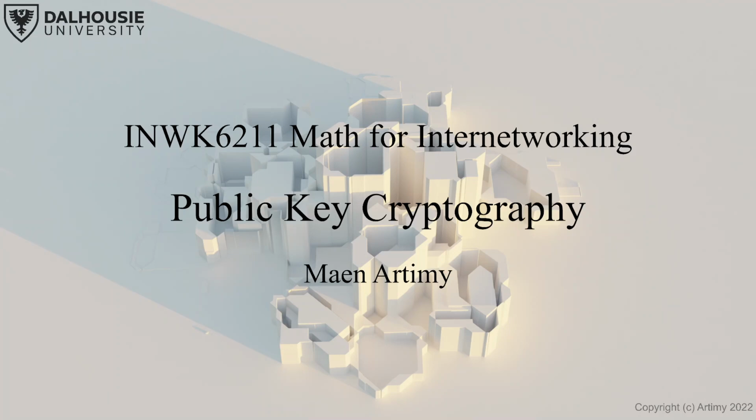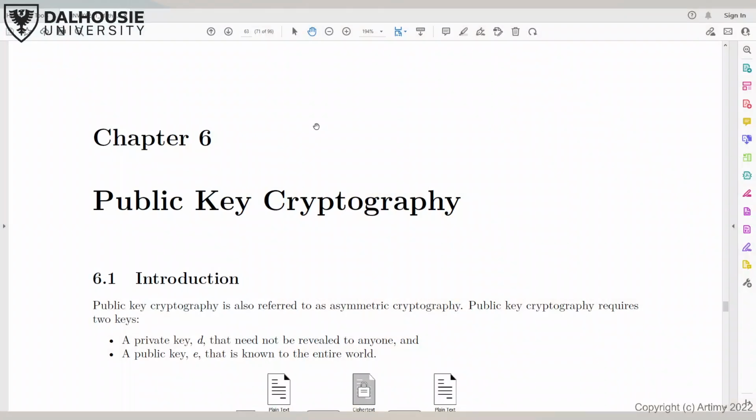In public key cryptography, the main point is actually that one of the keys, because we have two, one of the keys is published, is public. Everybody knows it, right? And because of that, it's also called asymmetric, versus the symmetric, which is the private key cryptography or the secret key cryptography.